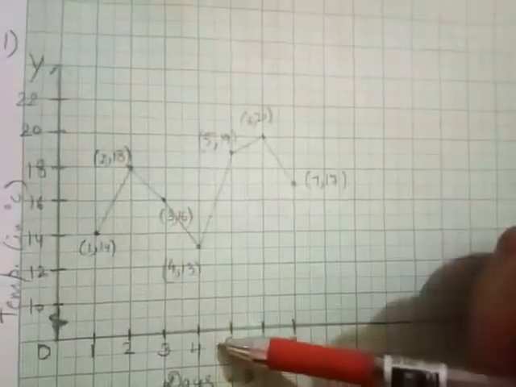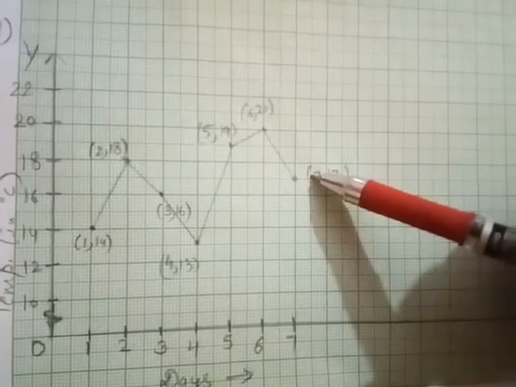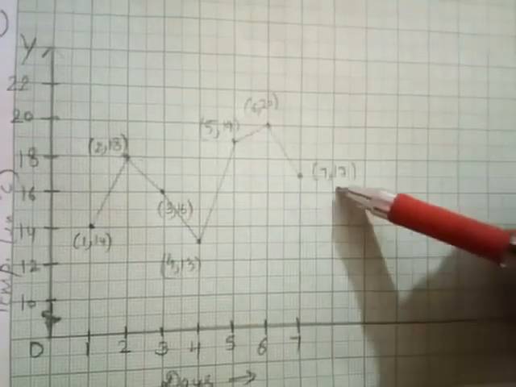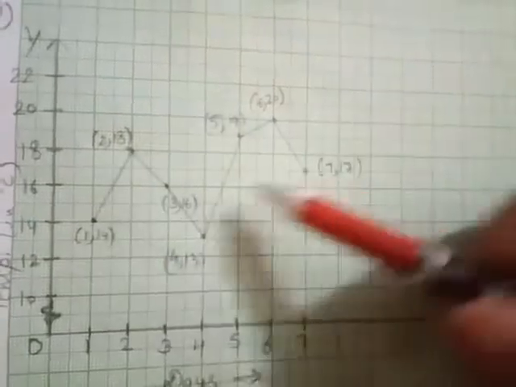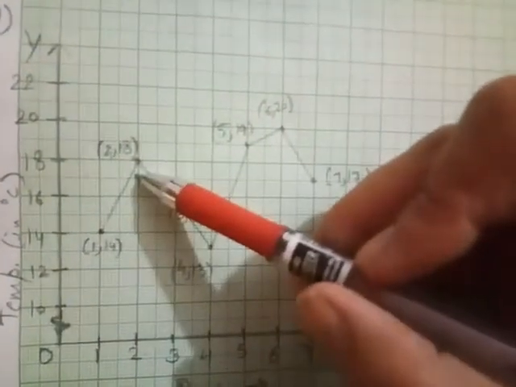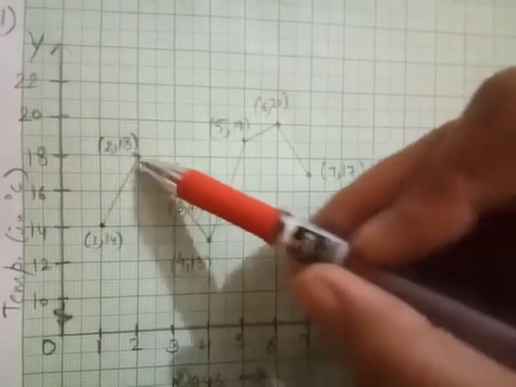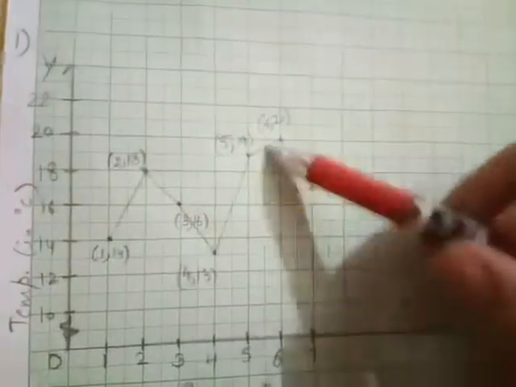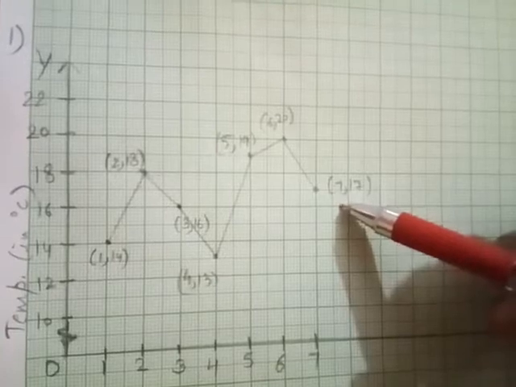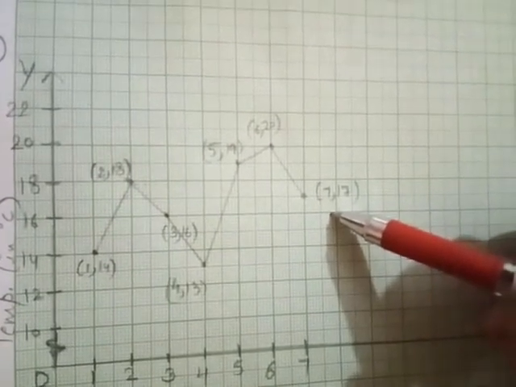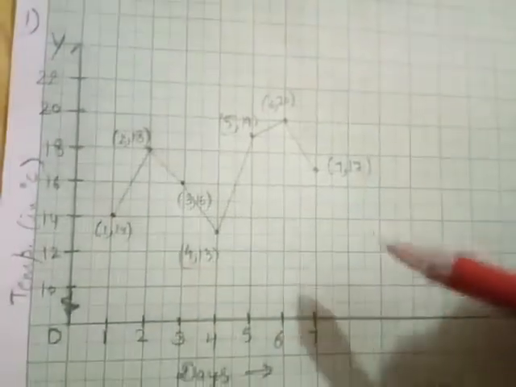After this, all these points you can mark, and you can write the coordinates also. After this you will put a scale and join two points. Draw this graph. Clear? In this way you can draw this.